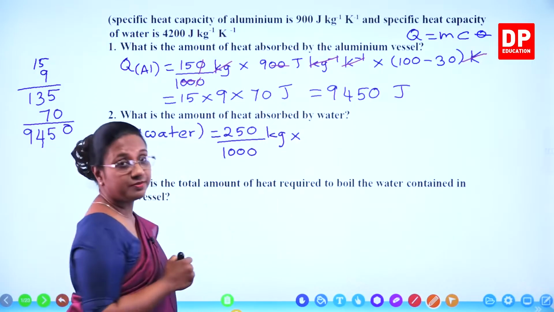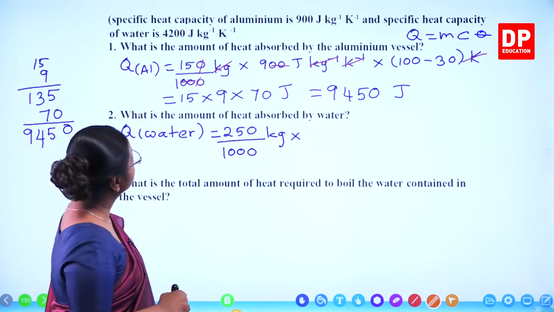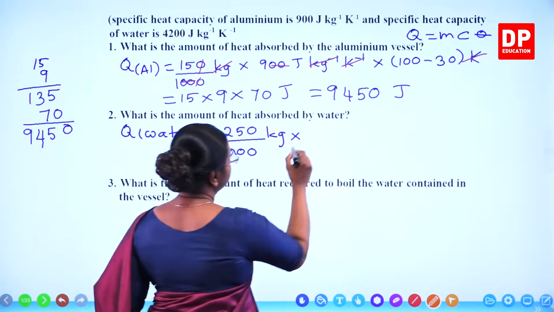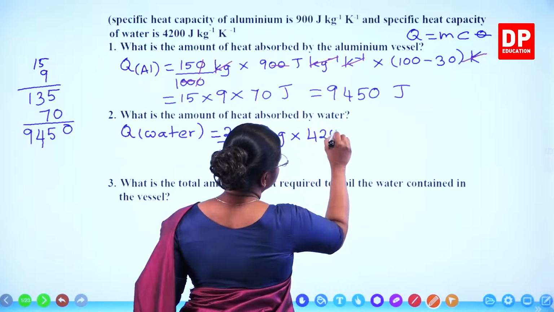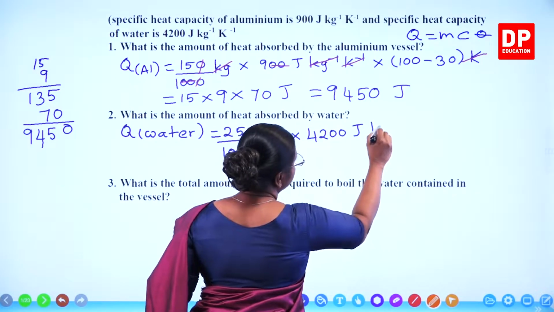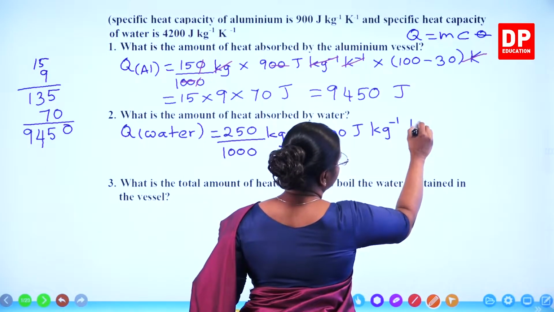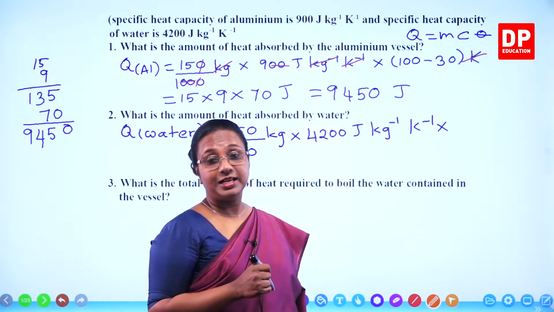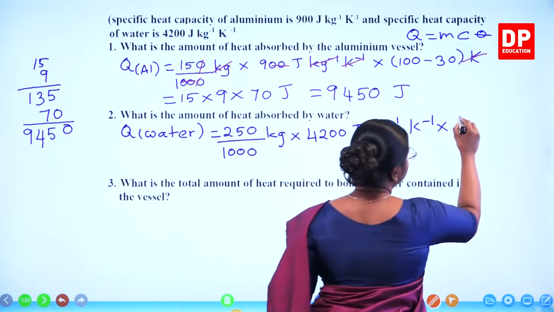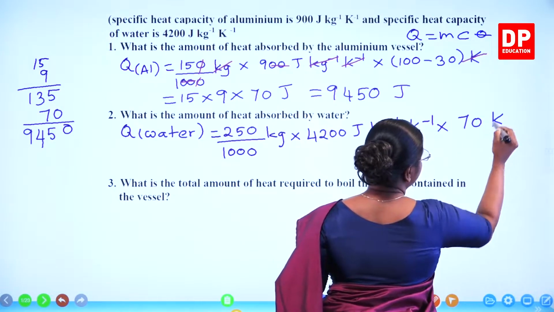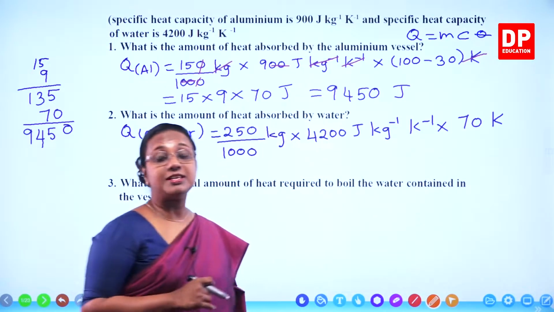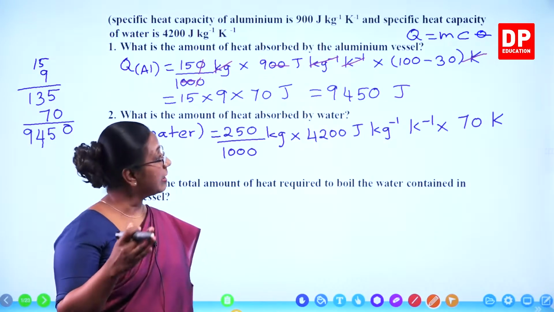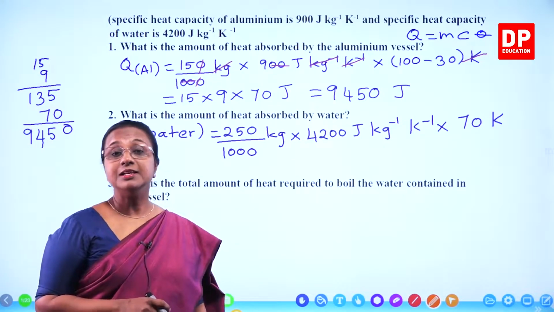And what is the specific heat capacity? 4200 joule per kilogram per Kelvin. And then theta, we have already calculated it as 70. So I will directly use the value as 70 Kelvin, or else you can even substitute again as 100 minus 30. Still you will get the same value.